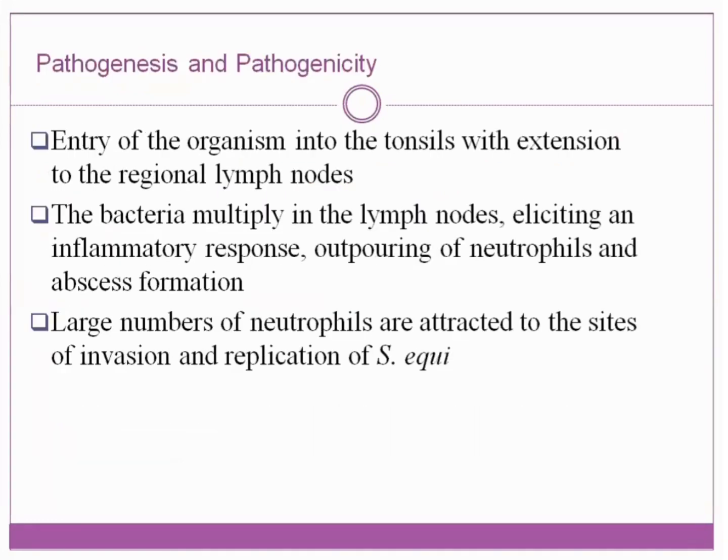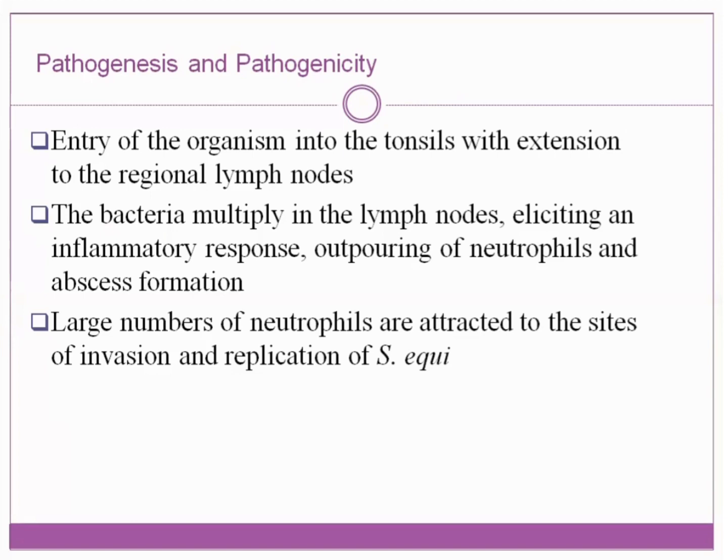Pathogenesis and pathogenicity: entry of the organism into the tonsils with extension to the regional lymph nodes. Generally, the organism enters the regional lymph node through the tonsils. The bacteria multiply in the lymph node and elicit an inflammatory response.